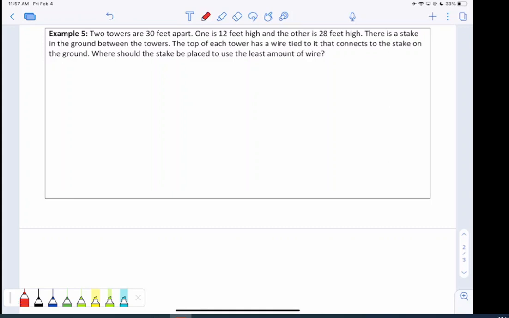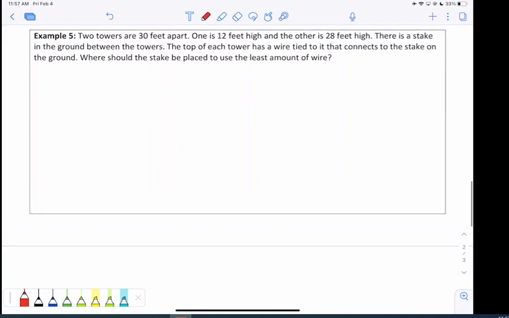so let's draw a picture to help keep us organized. I have 2 towers. I know one tower is 12 feet, and the other tower is 28 feet. And I also know that these towers are 30 feet apart.